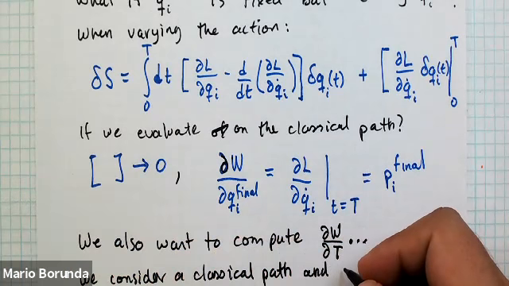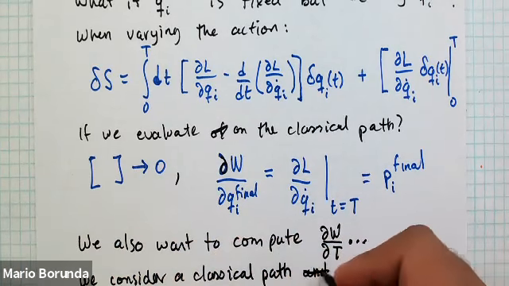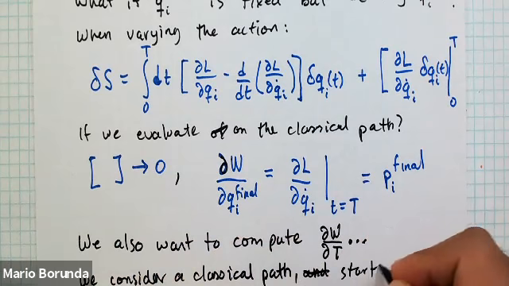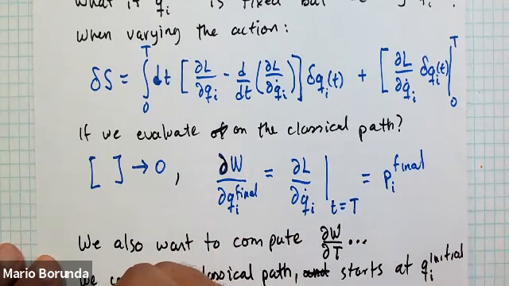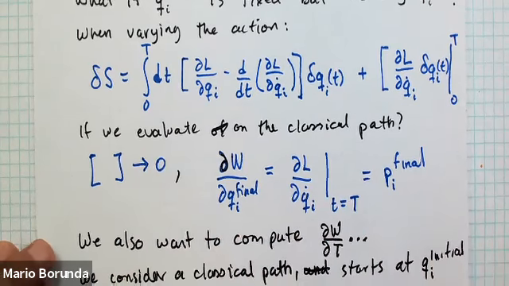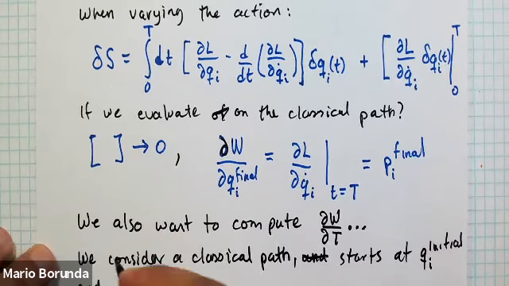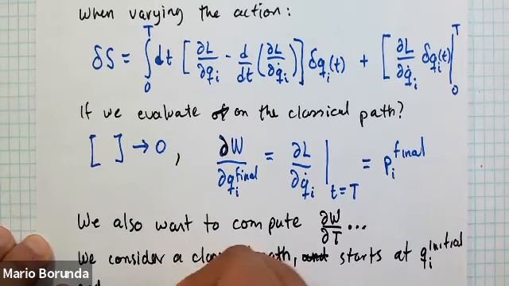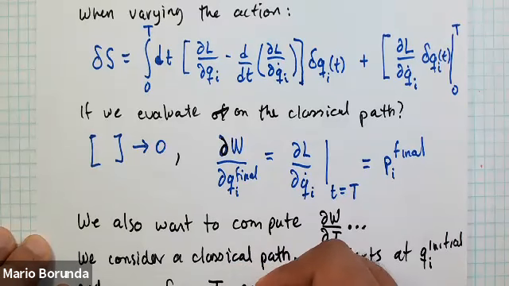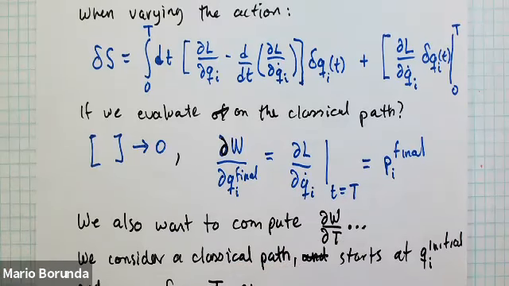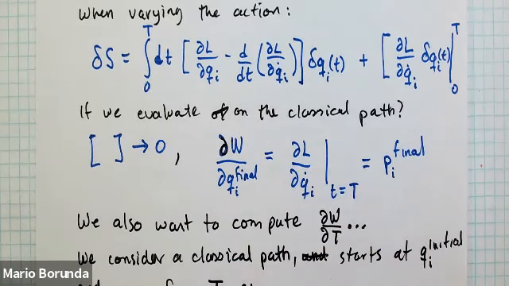So we start at qi initial and run for t plus some tiny change delta t.